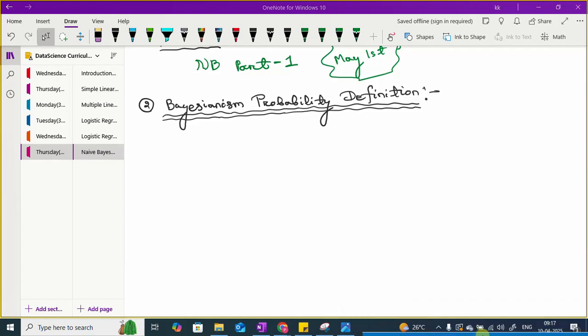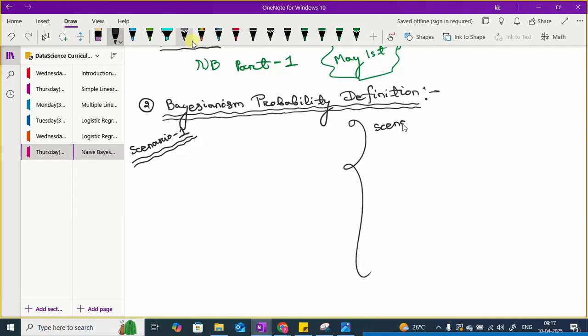Here, guys, I'm taking two different scenarios. Scenario one, scenario two. For example, think about there are two persons, person A and person B. Here A is tossing a coin.